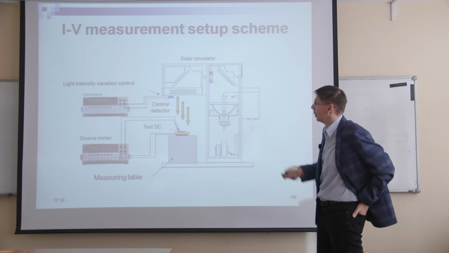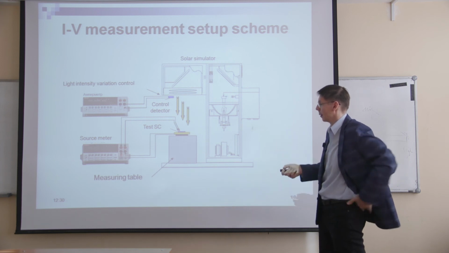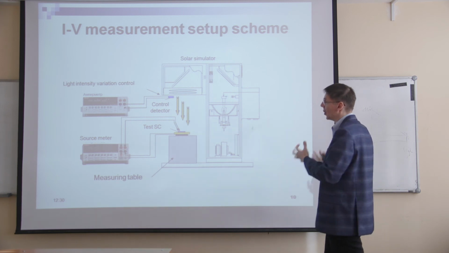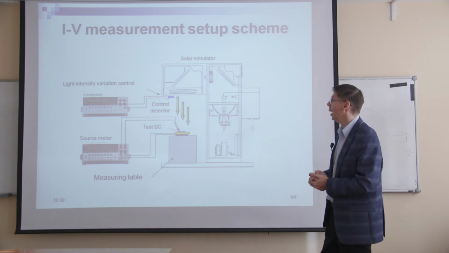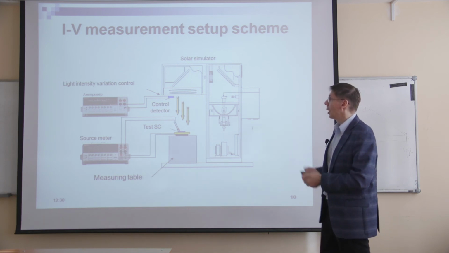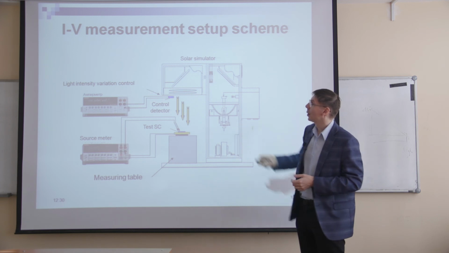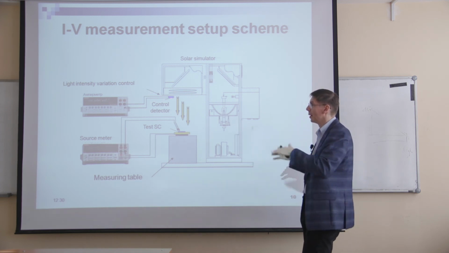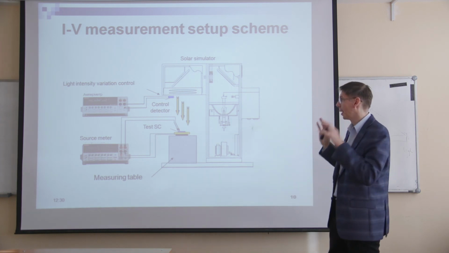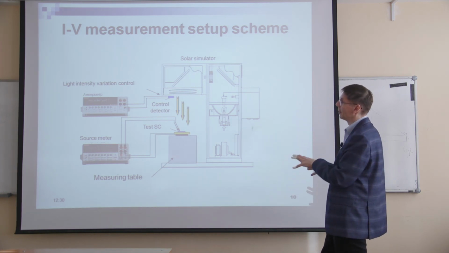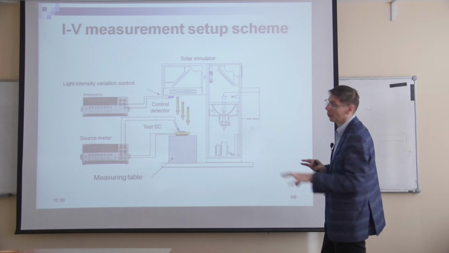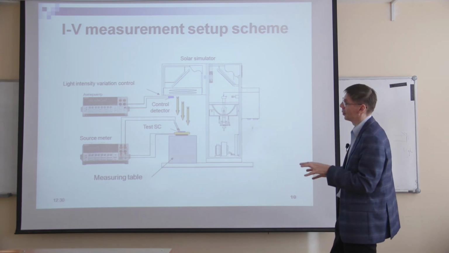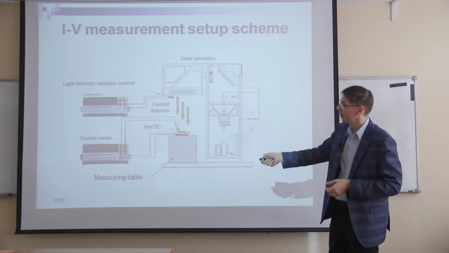So we have a solar cell and of course a reference cell. You can think about in situ control of the intensity, but this is just in situ control of the intensity variation. It cannot be used to calibrate a system. To calibrate, you have to use only the reference solar cell and then the source meter.